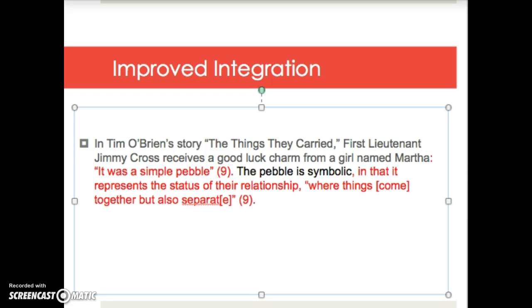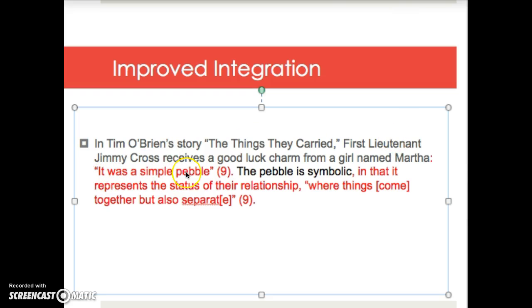So in this revision, we did a couple of things. You'll notice the use of a colon after the first sentence. This is one way that we can integrate or connect a quotation to a complete sentence. A colon is used to show that whatever comes after it is connected to the previous sentence.